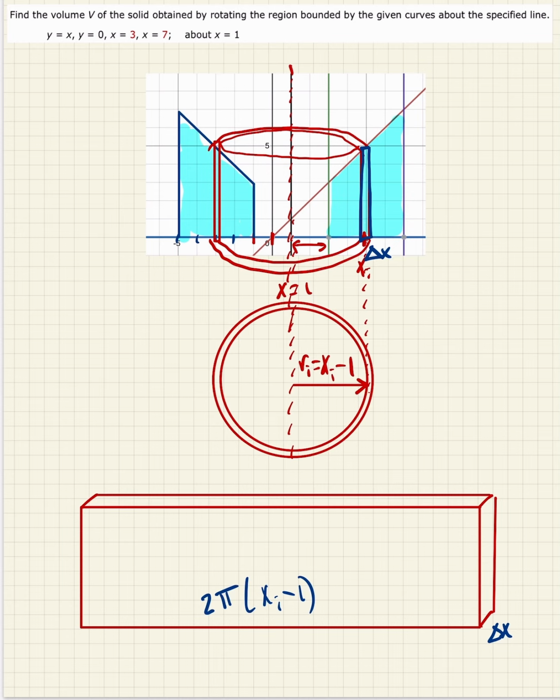The height would be the y-coordinate of this dot, x sub i, y sub i. And on that line, y and x are the same because that is the line y equals x. So if the coordinates of that dot, x sub i, y sub i, are the same, then we can just use x sub i as the vertical height here.